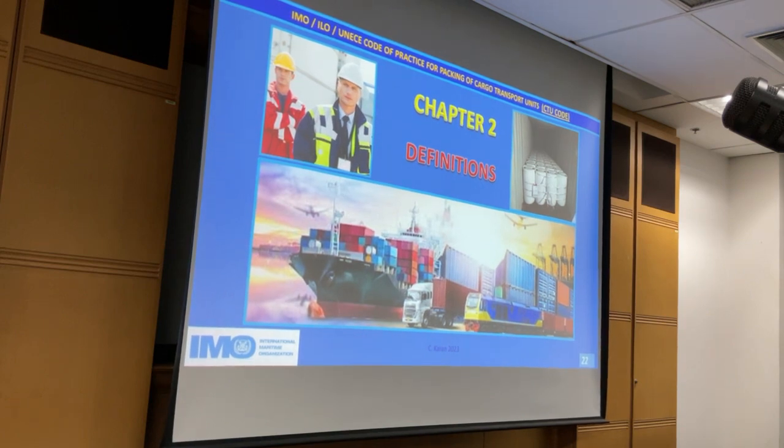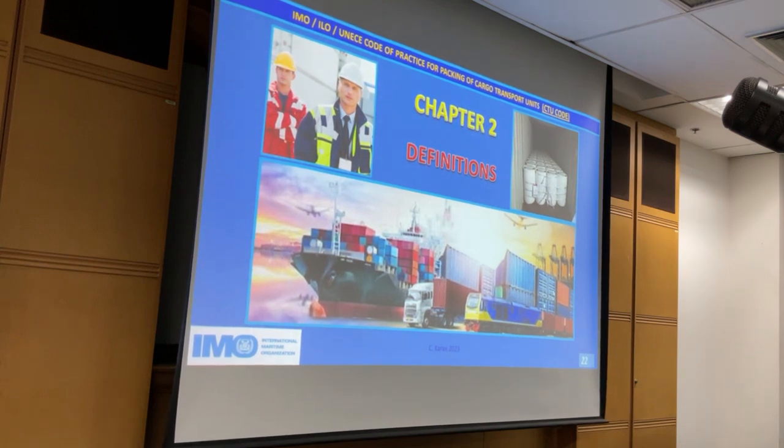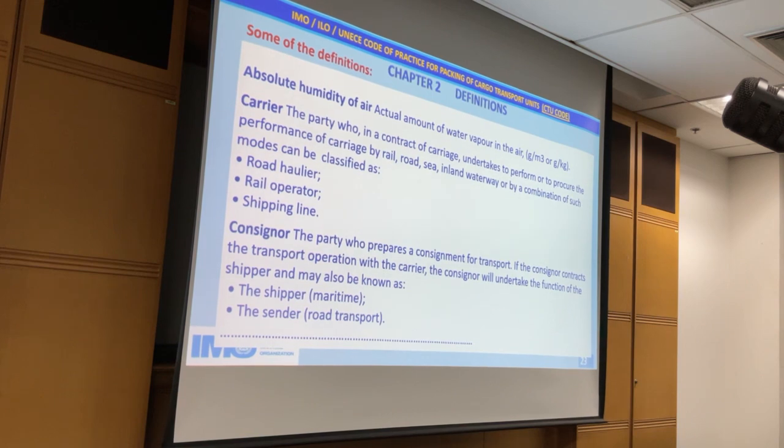Later we come to chapter 2. There are definitions. Just to show an example, I will take 2 examples from there. These are basic definitions. What is a carrier? In relation to the CTU code, a carrier is the party who, in a contract of carriage, undertakes to perform or to procure the performance of carriage by rail, road, or sea.